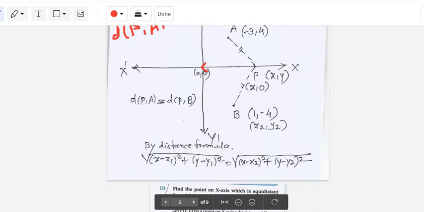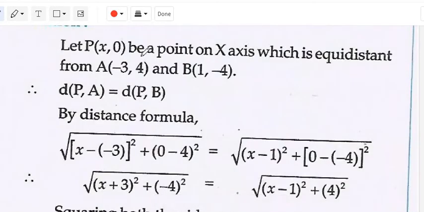To write this, let P(x, 0) be the point on the x axis which is equidistant from A(-3, 4) and B(1, -4). Distance PA is equal to distance PB. Therefore by the distance formula we write: x minus minus 3 to the whole square plus 0 minus 4 to the whole square is equal to x minus 1 to the whole square plus 0 minus minus 4 to the whole square.